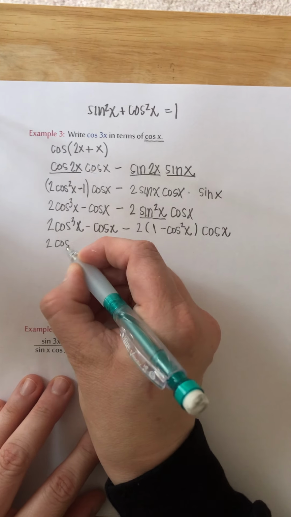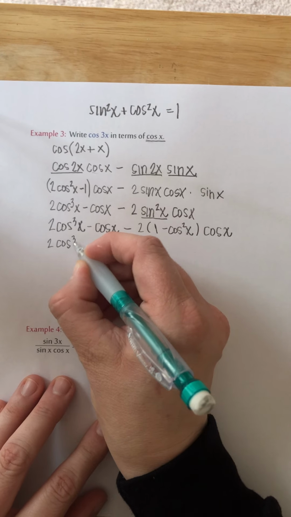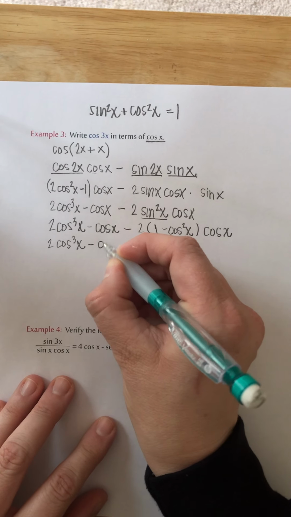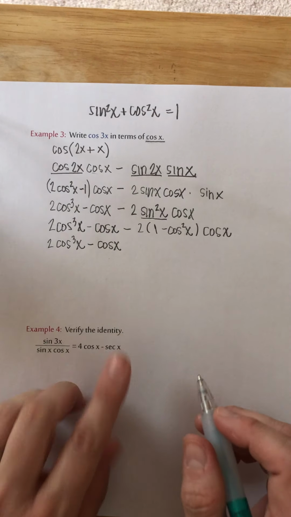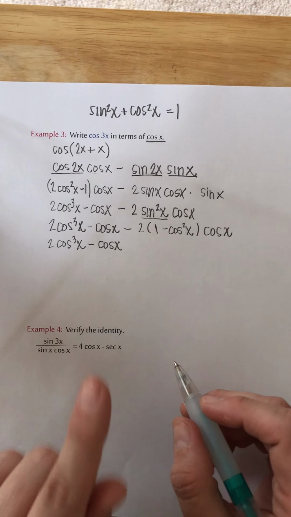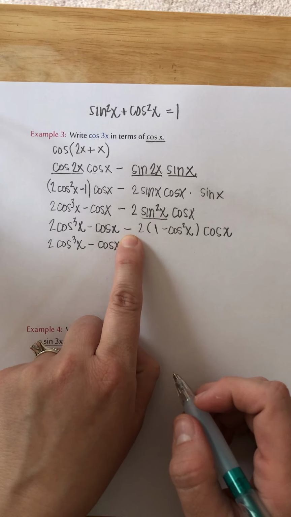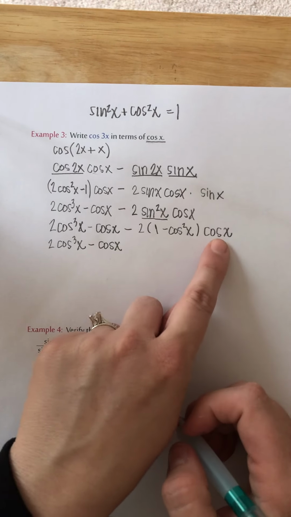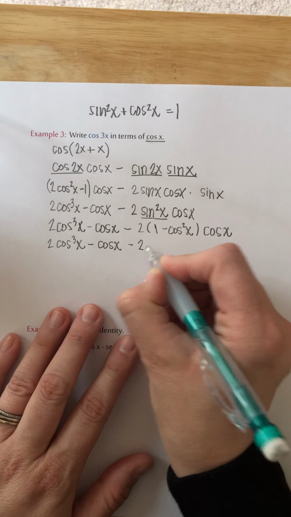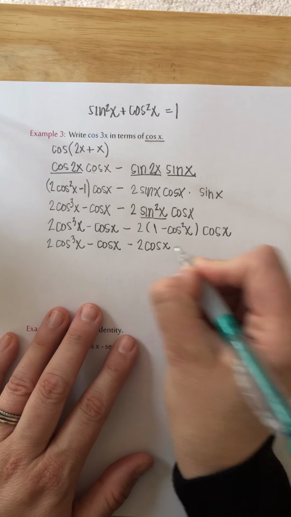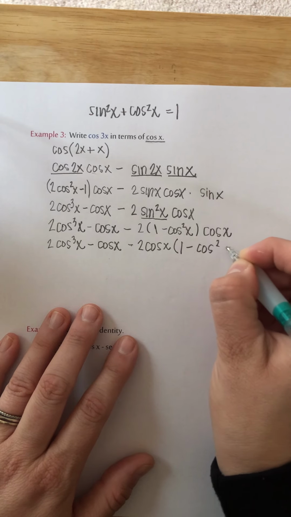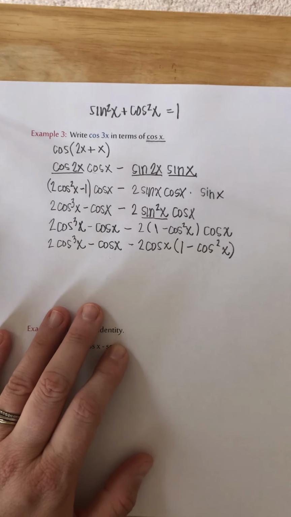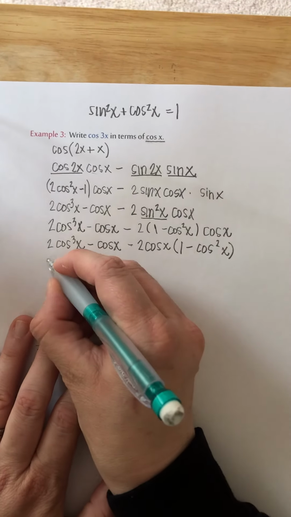All right, so we have 2 cosine cubed x minus cosine x. Here we go. What are we going to do? Well, one thing, we're going to have to distribute 2 different things. We're distributing a -2. We're also distributing a cosine x. What if I real quick just go ahead and move that cosine x with the -2? It might make it easier to see as you're distributing instead of having it split up in 2 different locations.